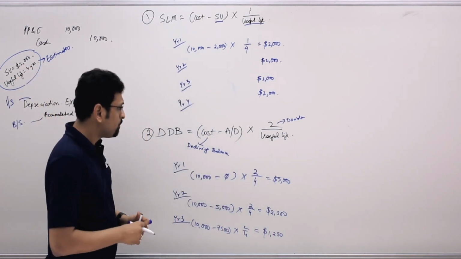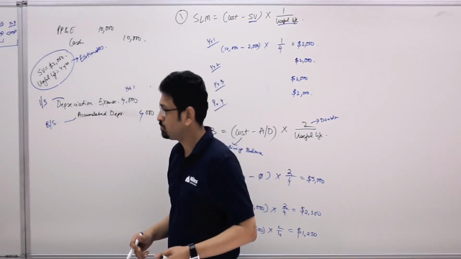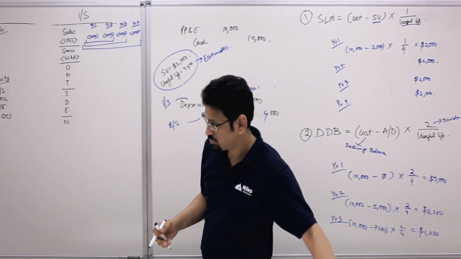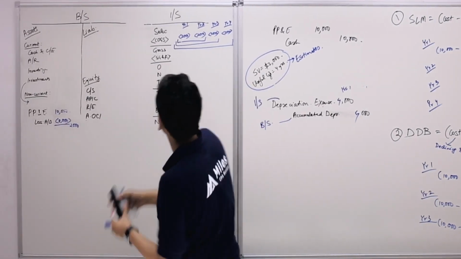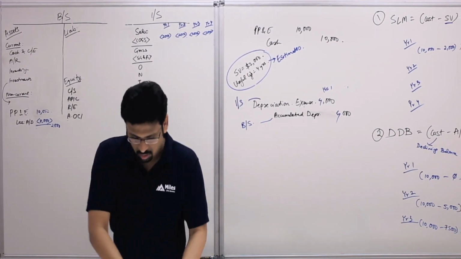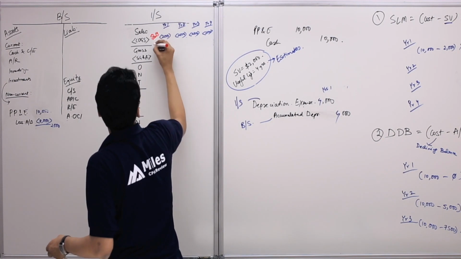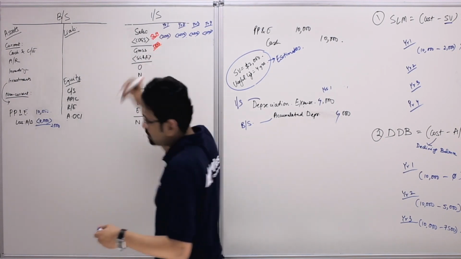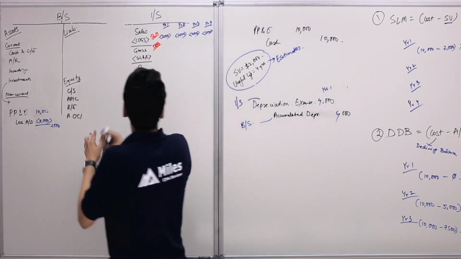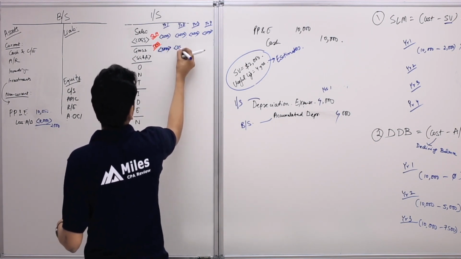But now if you look at it, let's put it on the dashboard. So this was the straight line method. Now we're looking at double declining balance method. Double declining balance method, first year $5,000 of depreciation, second year $2,500.